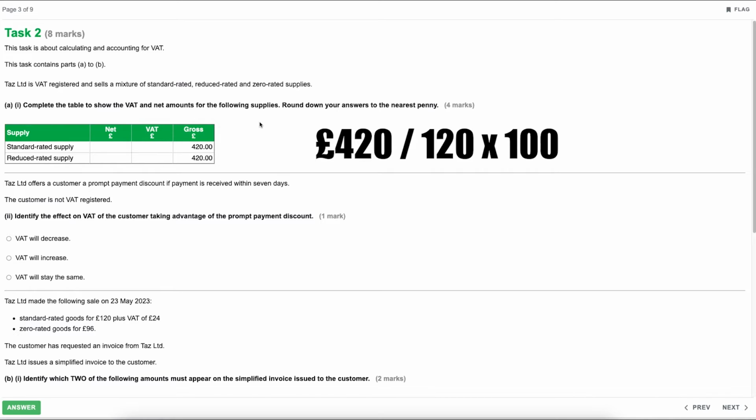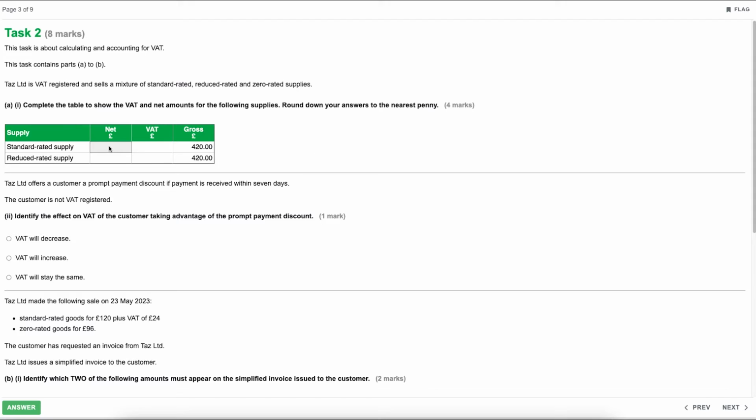So 420 divided by 120 times 100 gives us a net amount of 350. If we do the same again, but multiply by 20 to get the VAT, or just do the difference between the gross and the net, that gives us VAT of £70.